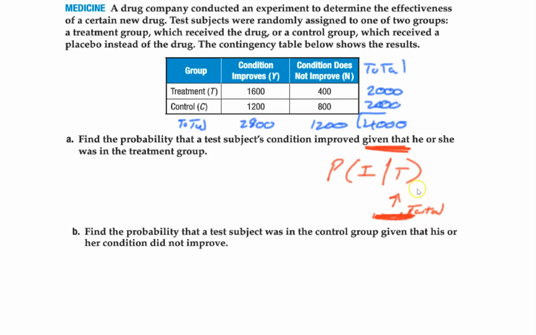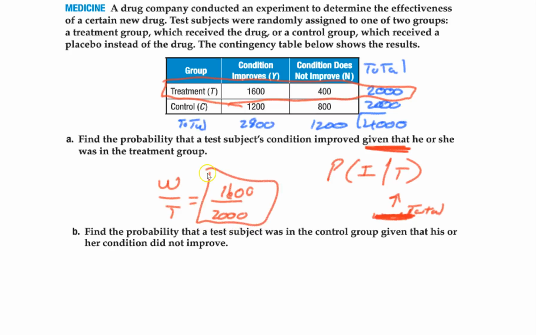We're given that it's in the treatment group. So I know he's in the treatment group. So the only thing I really want to look at is this right here. So that's why I said world first. The only thing I care about is the treatment group. So based on that, since I know I'm in the treatment group, my 1 over total, my total is 2000. Treatment group. And what do I want? I want improved. So how many people improved? 1,600.